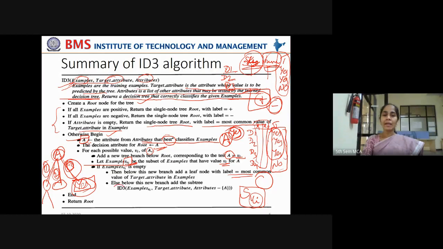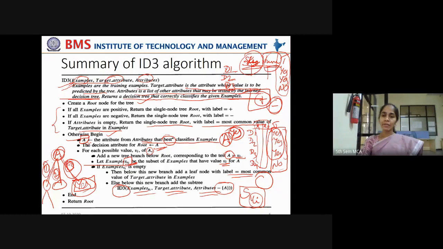And again, it will apply this ID3 algorithm with the same approach. What is the approach now? The remaining training examples, the target attribute, and the attributes other than A. Look here, this is very important. One attribute we have already considered at the root node. Now that attribute is no longer available for further checking the classification.